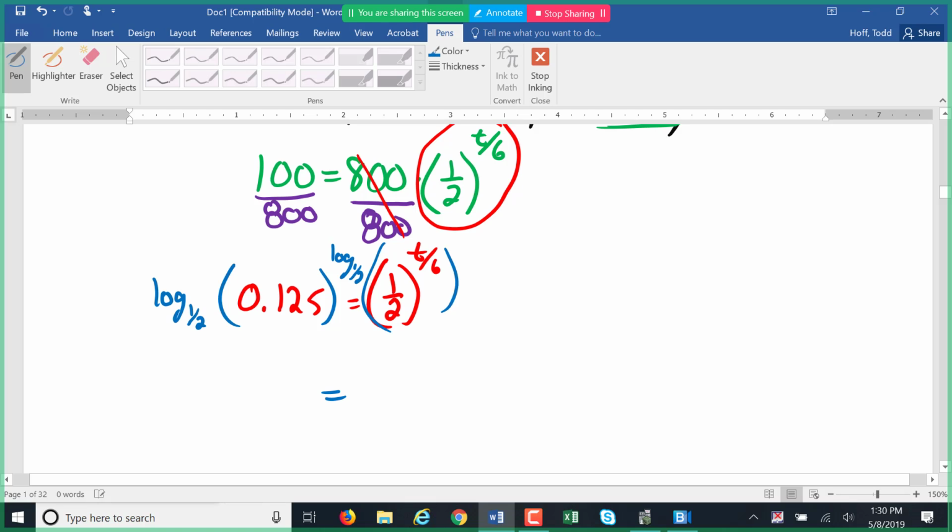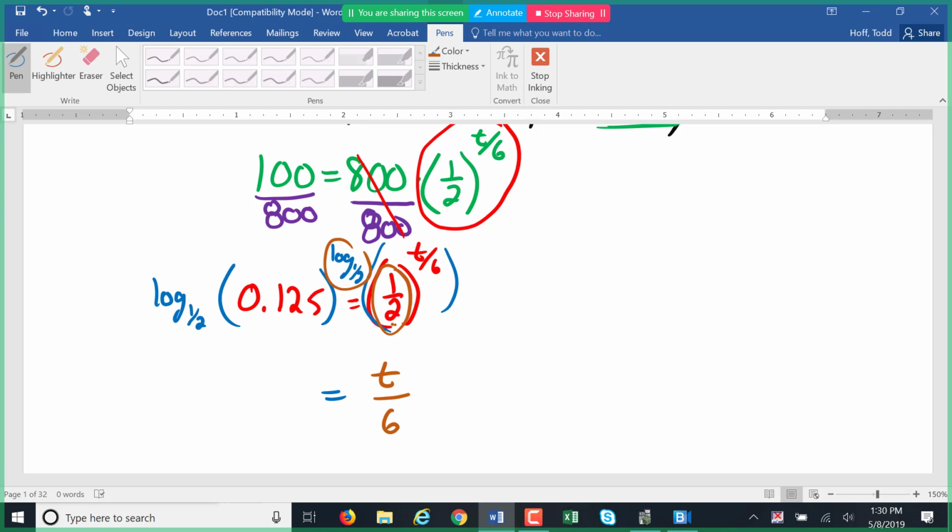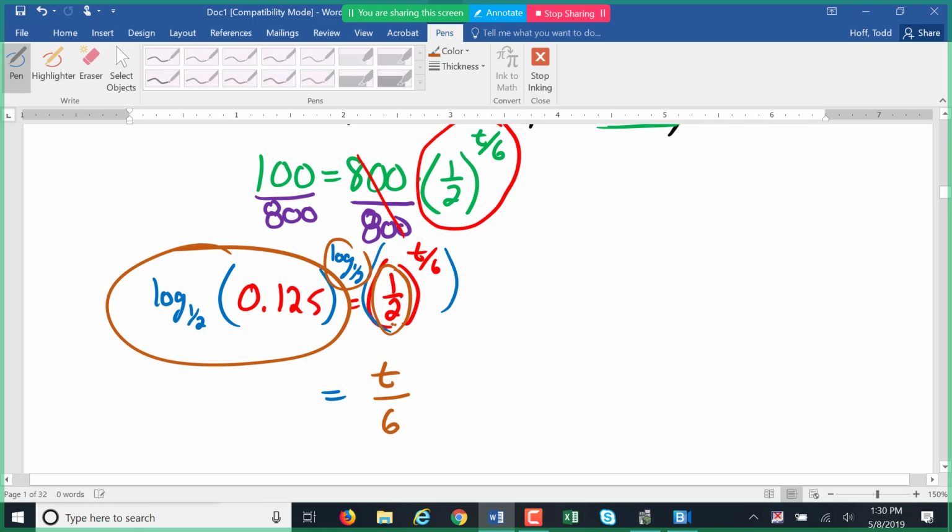So on the right side, the log base 1/2 cancels out the 1/2 as the base of our exponent. That leaves us with just t over 6. On the left side, we have to do log base 1/2 of 0.125. That's where that change of base formula comes in. That's log of 0.125 over log of 1/2, or 0.5.